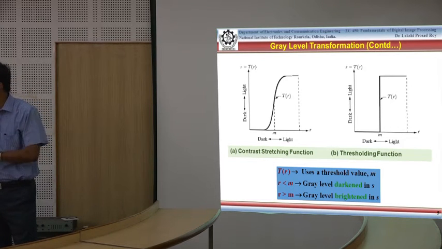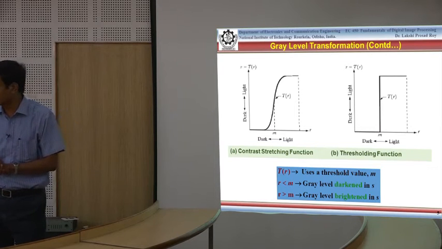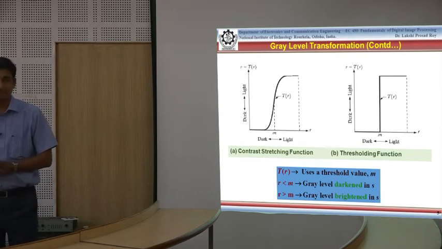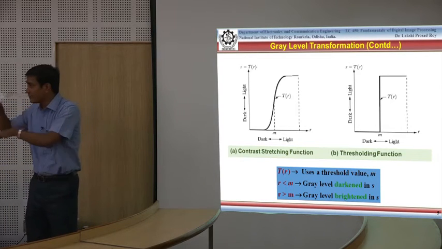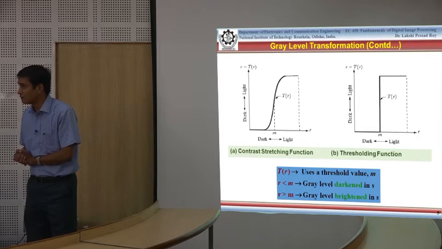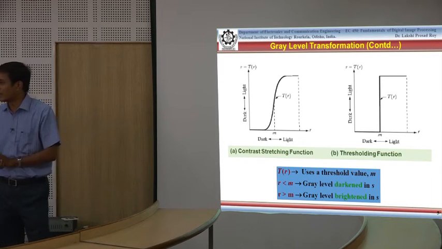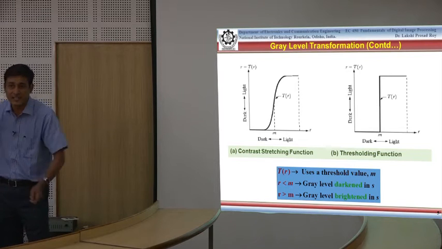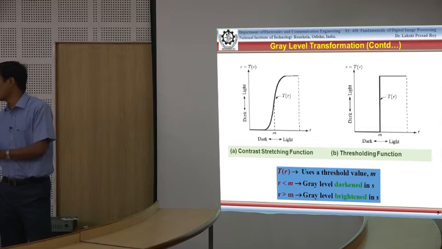That means the images which had lesser contrast will now be stretched up, because contrast is nothing but the difference between two intensity values. If it were a straight line, nothing would happen, but here you are trying to stretch the intensity values at the output with respect to the input.